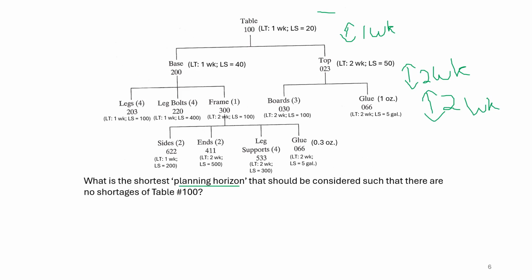And the boards and the glue, they don't split further into any individual subcomponents. So the total lead time to manufacture the table from scratch, considering only this side of your BOM, is going to be 1 plus 2 plus 2, which is 5 weeks.